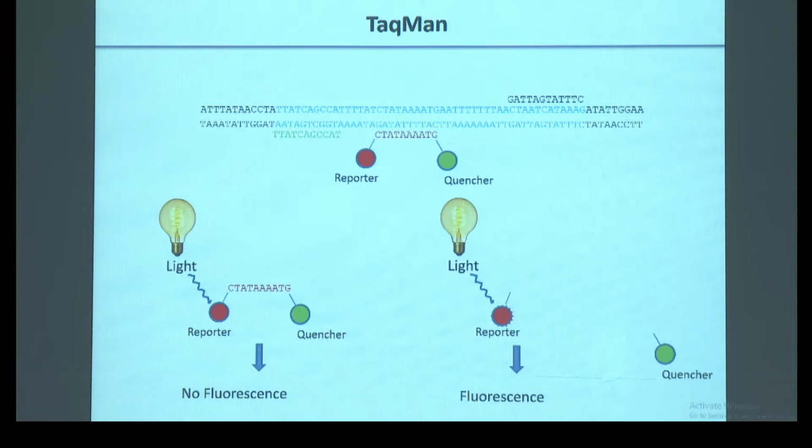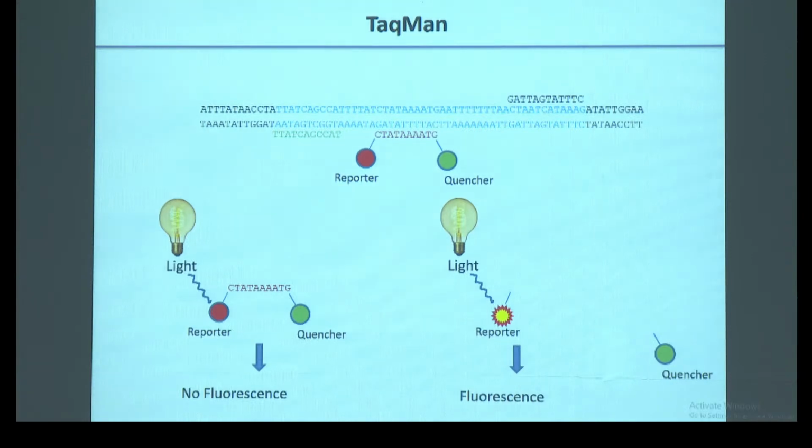No fluorescence is generated, because whatever fluorescence is generated by the reporter molecule is neutralized or absorbed by the quencher molecule through a process called FRET, fluorescence resonance energy transfer. So there will be no net fluorescence. If we separate these molecules, reporter and quencher, permanently, then if you excite with light, it gives fluorescence.